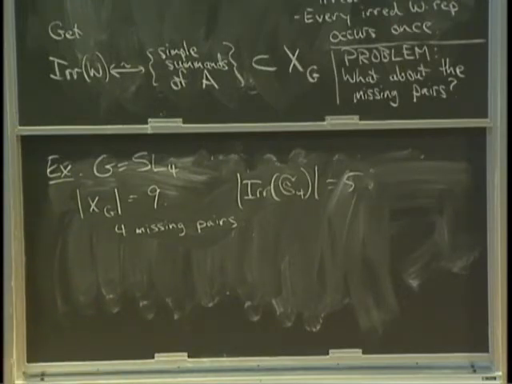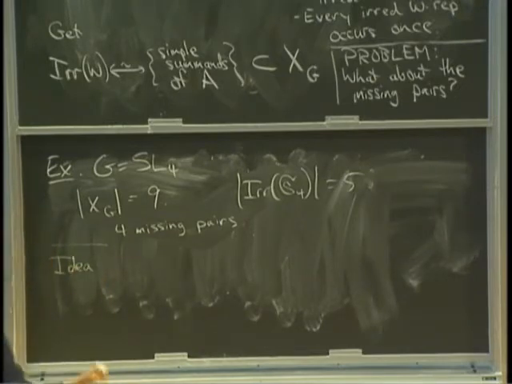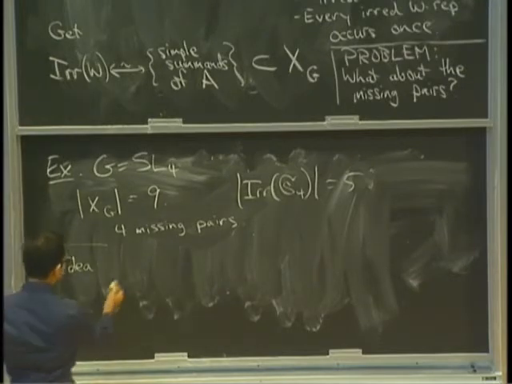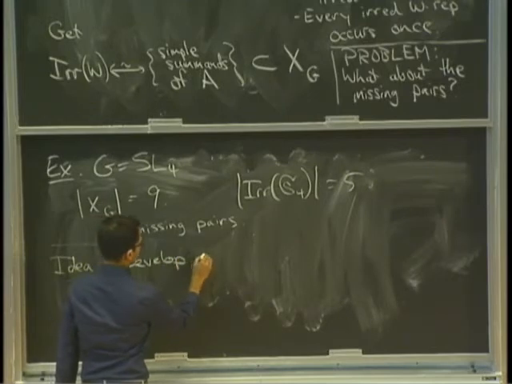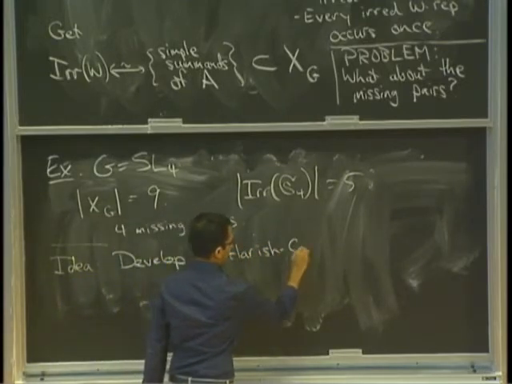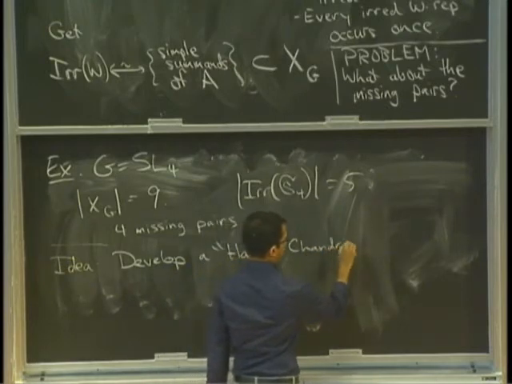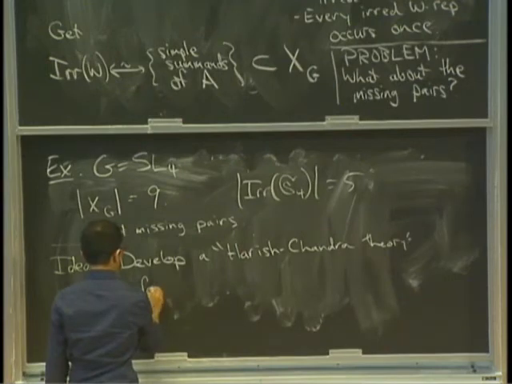So the idea is something that you would have anticipated, because I've introduced functors called induction and restriction. So the idea is to develop some kind of Harish-Chandra theory for perverse sheaves on the unipotent variety.